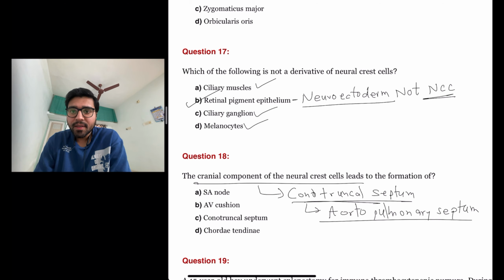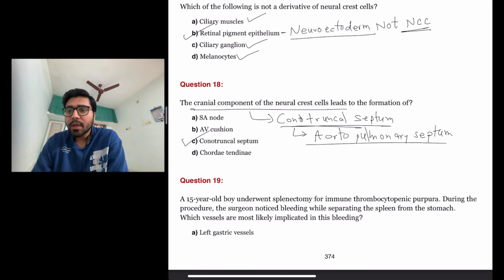The next question is a 15-year-old boy underwent a splenectomy for immune thrombocytopenic purpura. During the procedure, the surgeon noticed bleeding while separating the spleen from the stomach. Which vessels are most likely implicated in this bleeding?